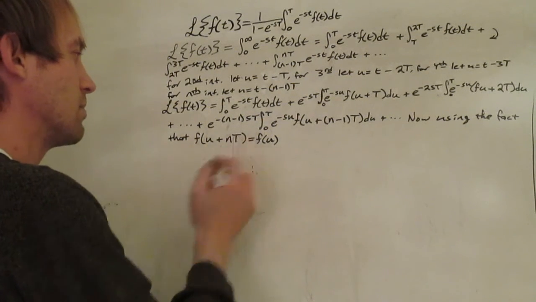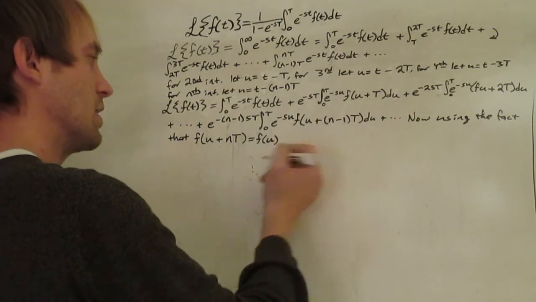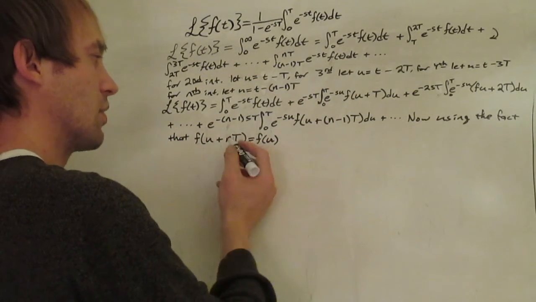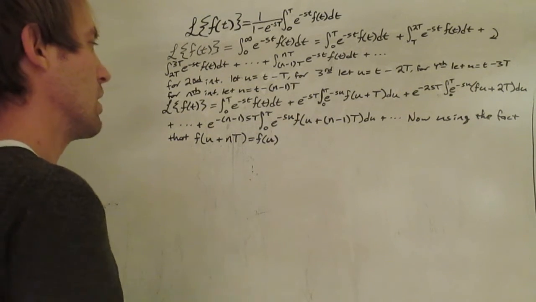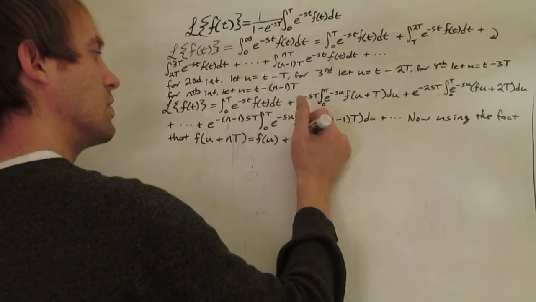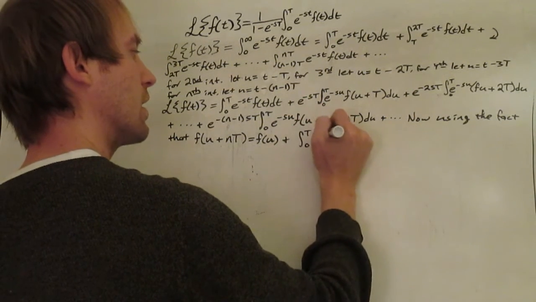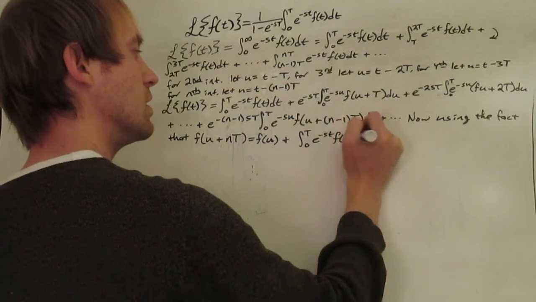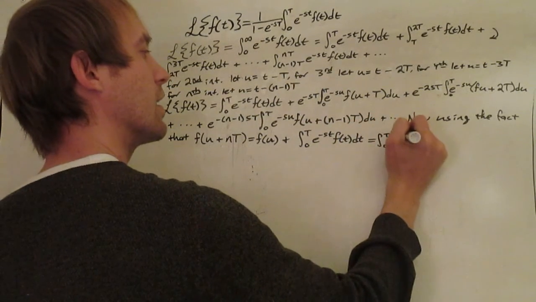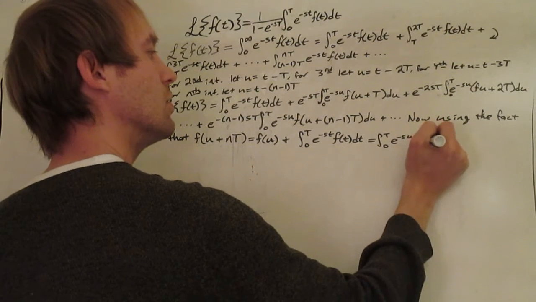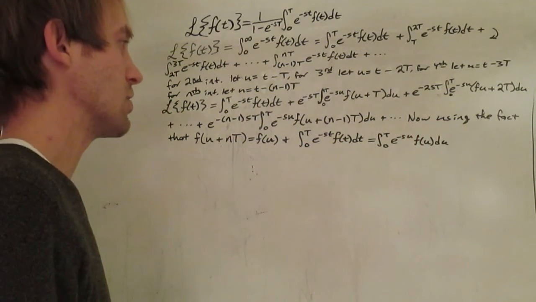I had it as t plus capital T, but really equals f of t, but you can generalize it and say t plus n times capital T equals f of t. And we're using the fact that the integral from 0 to t of e to the negative st f of t dt equals integral from 0 to t of e to the negative su f of u du. They're just dummy variables, as I also mentioned last lecture.